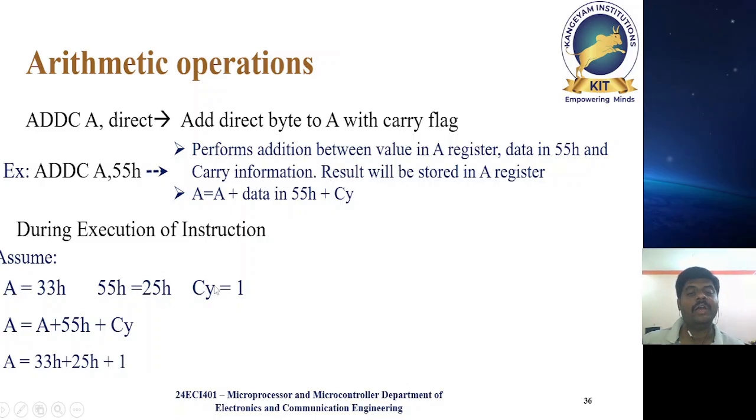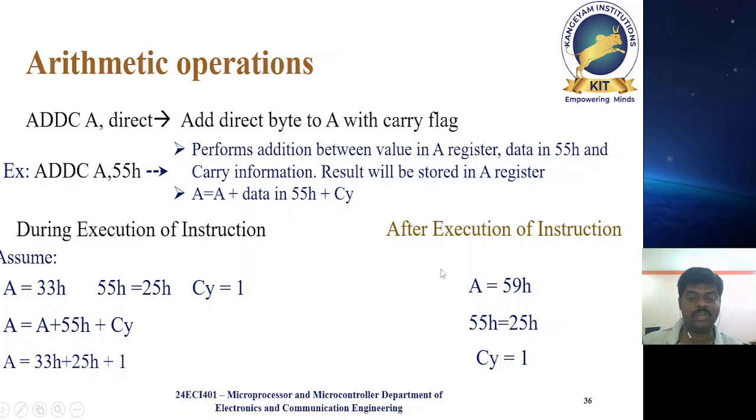Assume currently carry is 1, that means the carry bit is already set. Then it will add A plus 55 plus carry, so 33 plus 25 plus the carry information also will be added. So the result will be with carry information. That is ADDC.